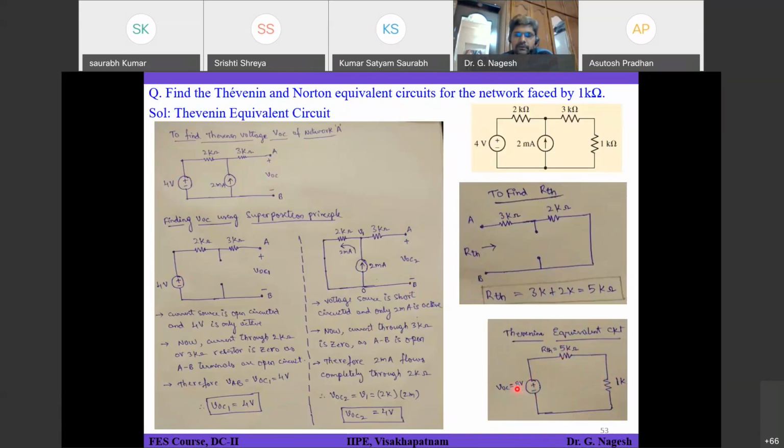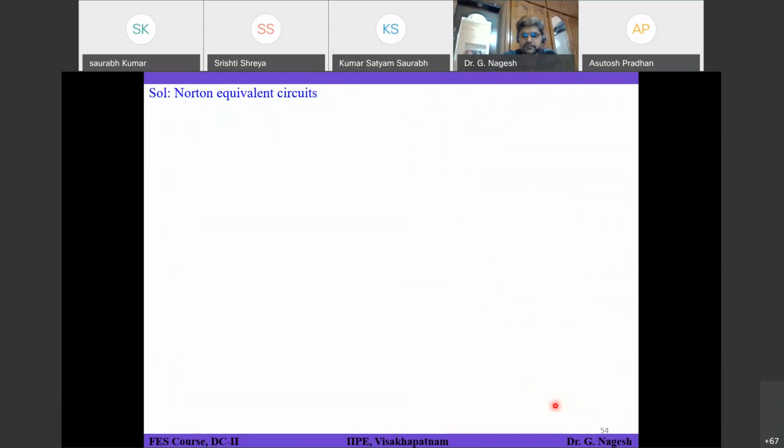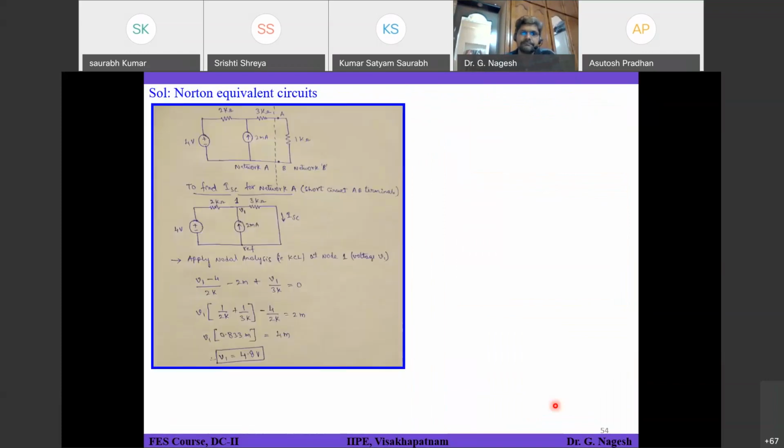So 8 volts divided by 5K will be your IN, 1.6 milliamperes. 8 divided by 5K, right? So that will be your IN, and the same 5K will come in parallel. But anyway, we will not go there straight away. We will try to solve it step by step.